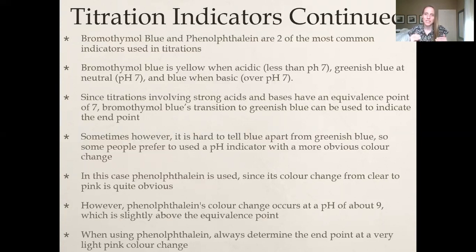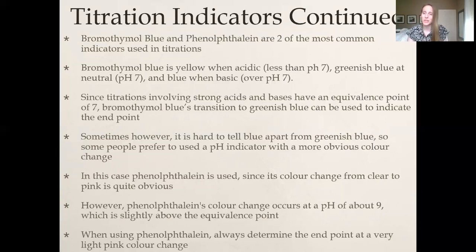If you are dealing with a stronger base and a weaker acid, that means your equivalence point is going to be in the range of 8 to 10-ish. So you want to choose an indicator that's going to have a color change around 9.